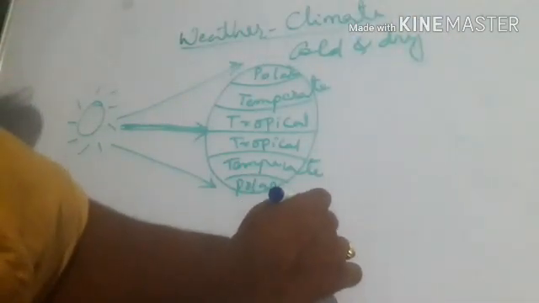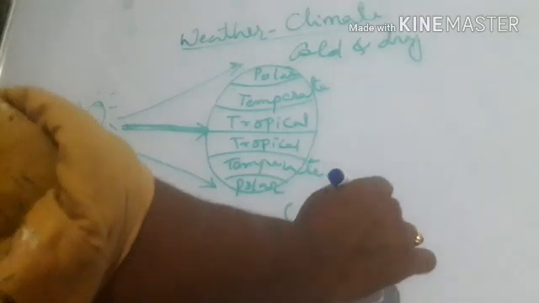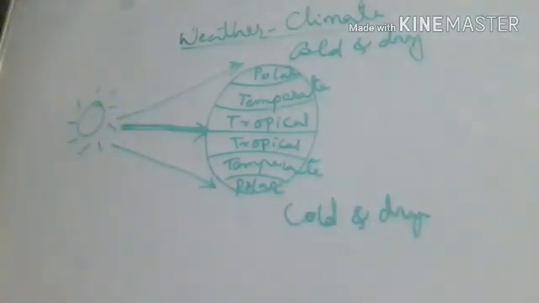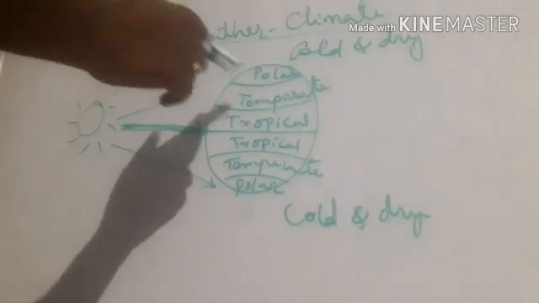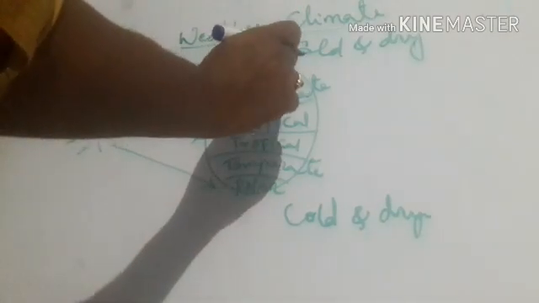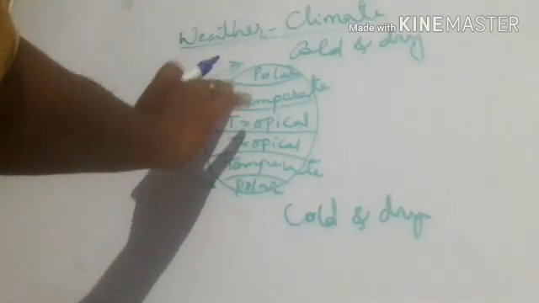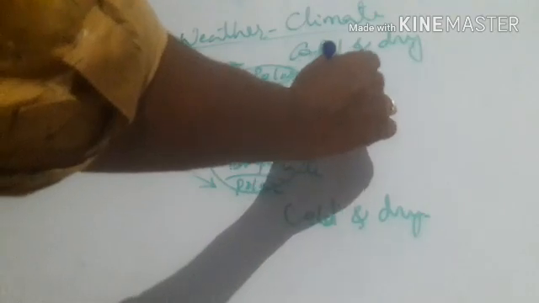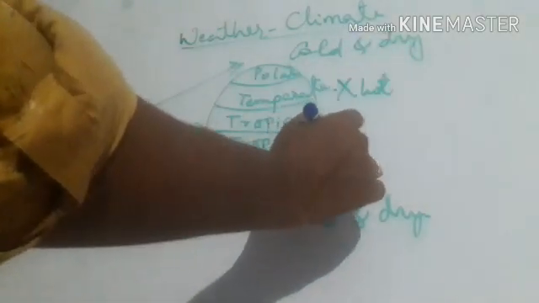Even though there is heavy precipitation, the rainfall occurs in the form of snow only. There is less availability of water, so it is a very cold and dry area. And when you take the temperate climate, it is a climate with neither very hot nor very cool weather.